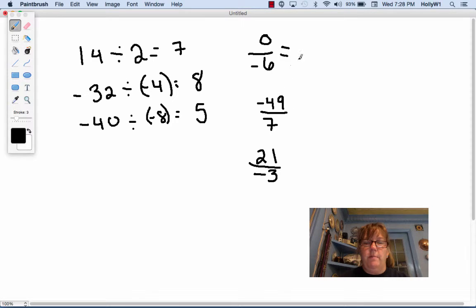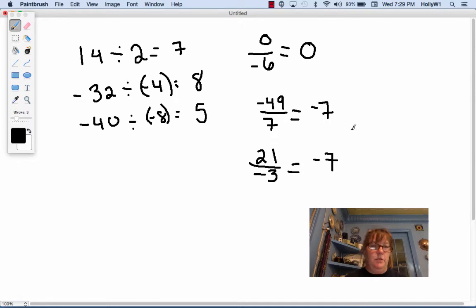So 0 divided by negative 6 is 0. 0 divided by anything is 0. Negative 49 divided by 7 is negative 7, because remember, a positive and a negative make a negative. And same thing with 21 divided by negative 3, we get negative 7. Apparently the examples liked negative 7.